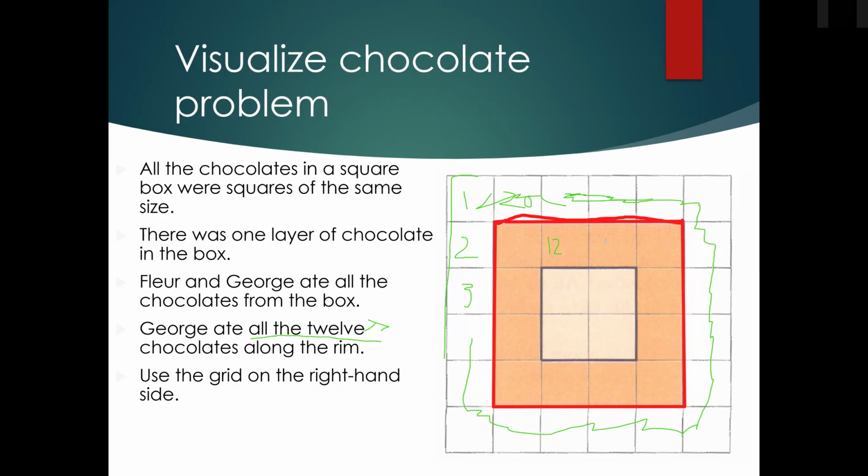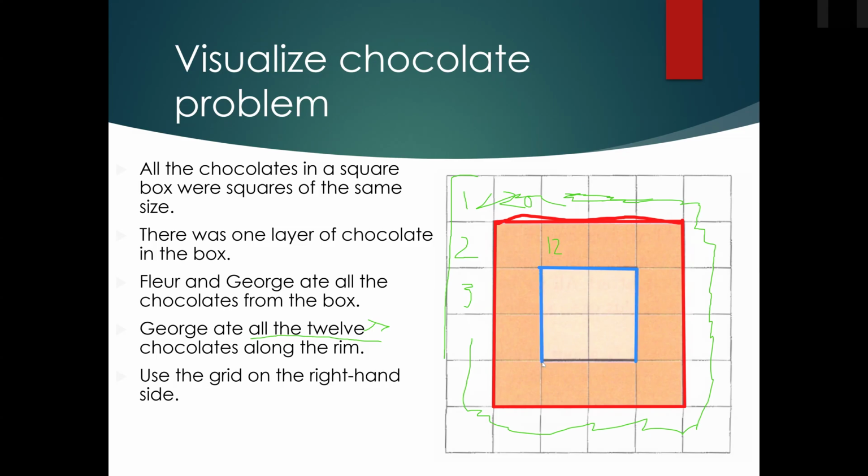Now that we've figured out that the chocolates the problem is talking about are only contained within this red line, we can count to see how many Fleur ate. If George ate 12 chocolates all around the rim, it means, let me use blue for this, that the inner chocolates here are the ones that Fleur ate, because all the chocolates were eaten in the end.